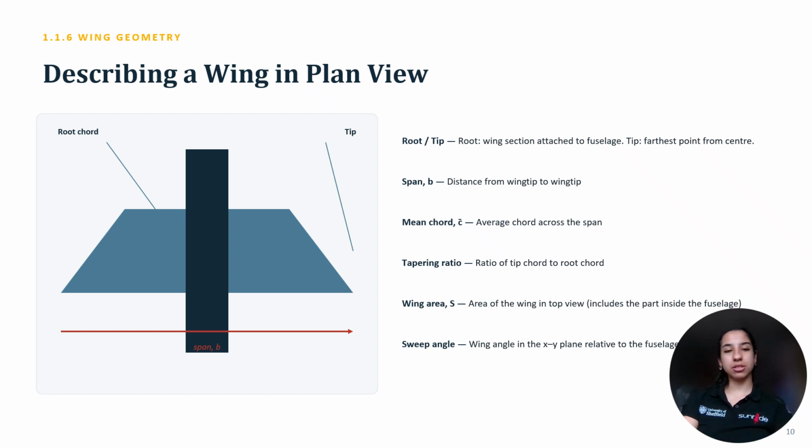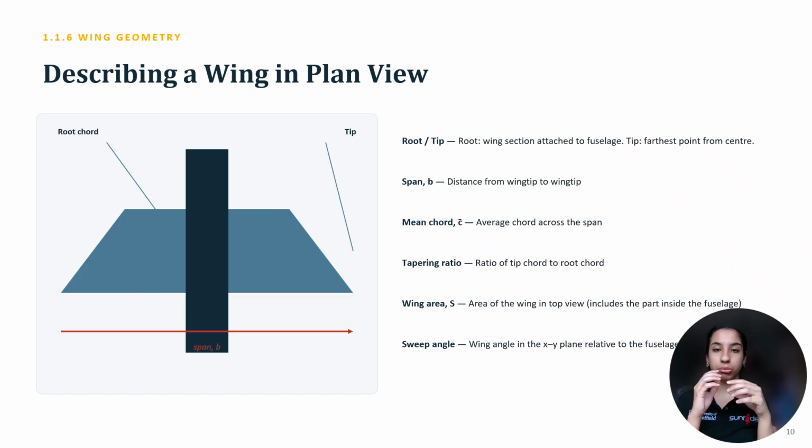Now we have to describe the wing in plan view. We described the parts of a plane and the airfoil structure, but what about the full plane? So now we have different terminologies to remember. The root and the tip describe the plane's wings.